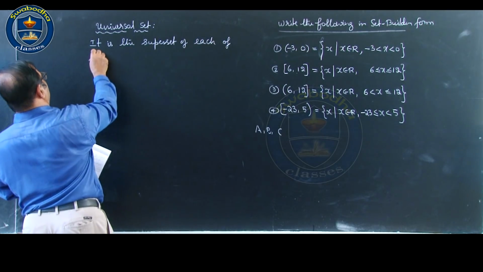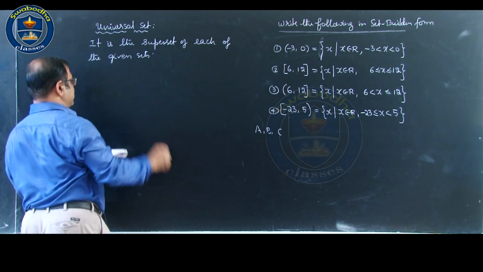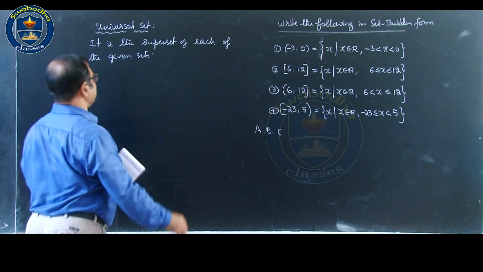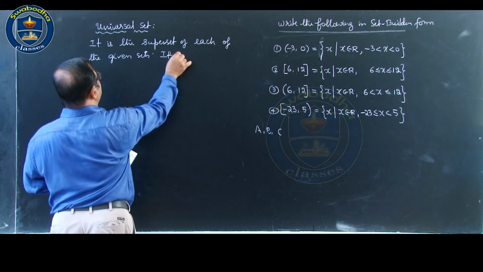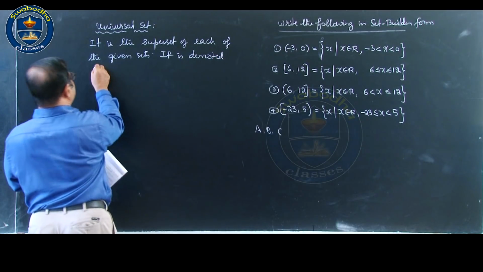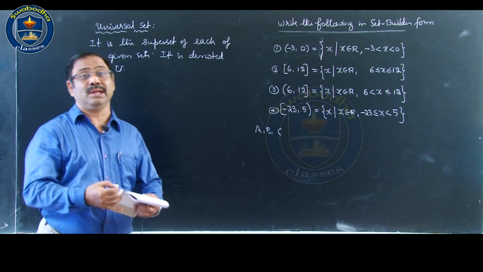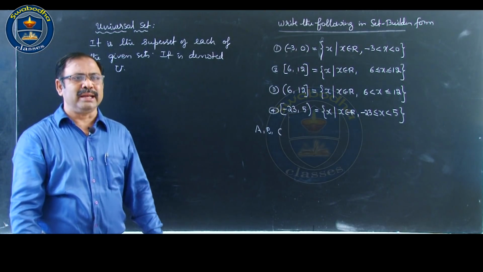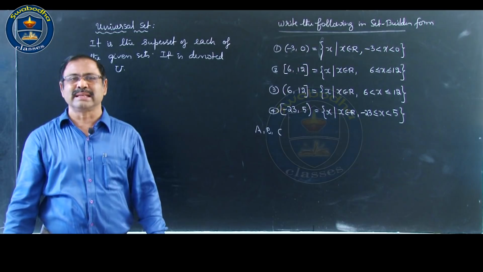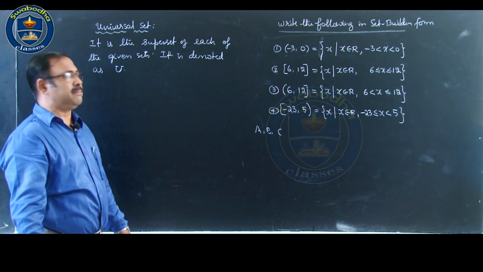It is generally denoted as U. U represents this universal set. So, generally we represent the universal set by U. Okay?